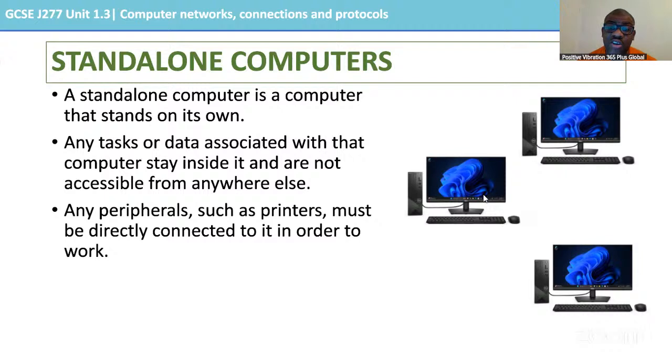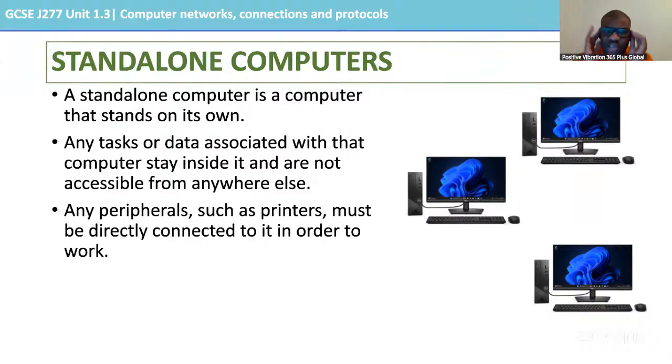Because if Colton loses power and forgets to save his work, he's going to lose access to that work, right? But if this were a network, we would have a server that automatically backs up and saves the work for him. It also gives me access to his work if it is stored centrally.